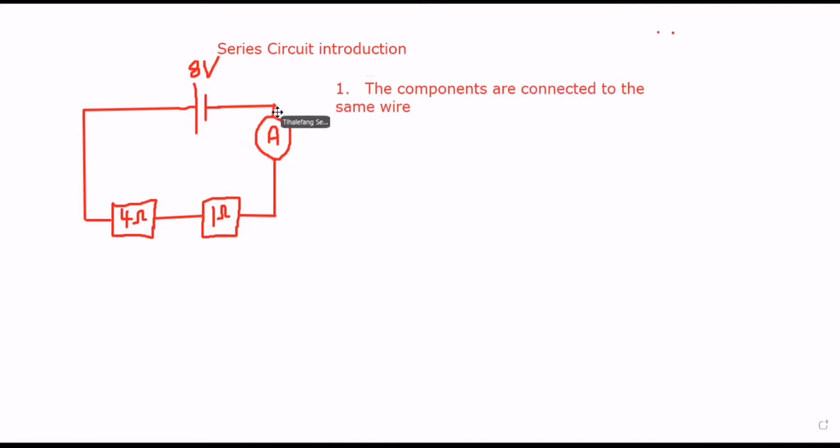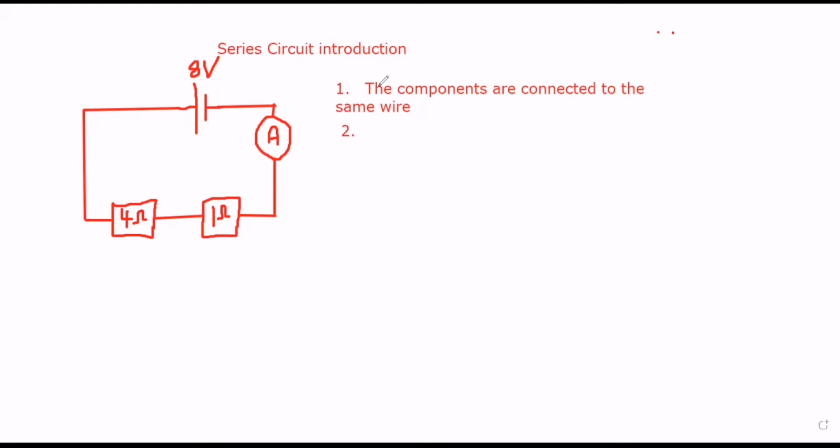So now, let's talk about the second characteristic, right? Before you can understand the concept, you need to understand the characteristics. Now, the second characteristic, let's talk about the current. We know that the cell is the source of energy for the circuit.